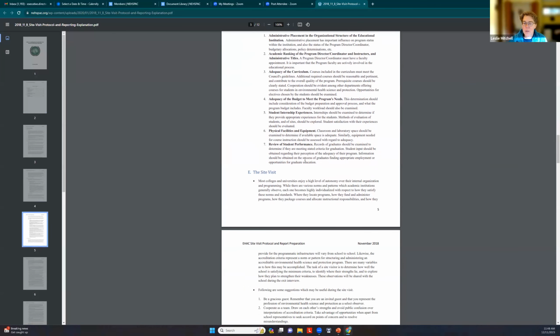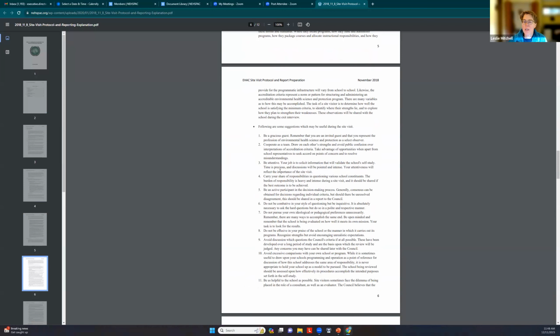And this is just how to conduct yourself: be a gracious guest, cooperate as a team, be attentive, be prepared, carry your share of the responsibilities and questioning. A lot of the time, the site visit leads will break up the responsibilities between the academic and themselves, and the practitioner, who can pay a lot more attention to one area.